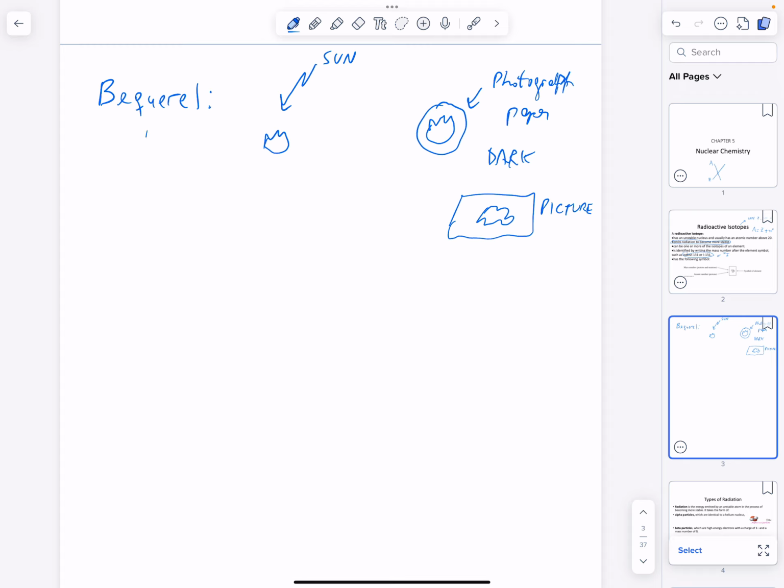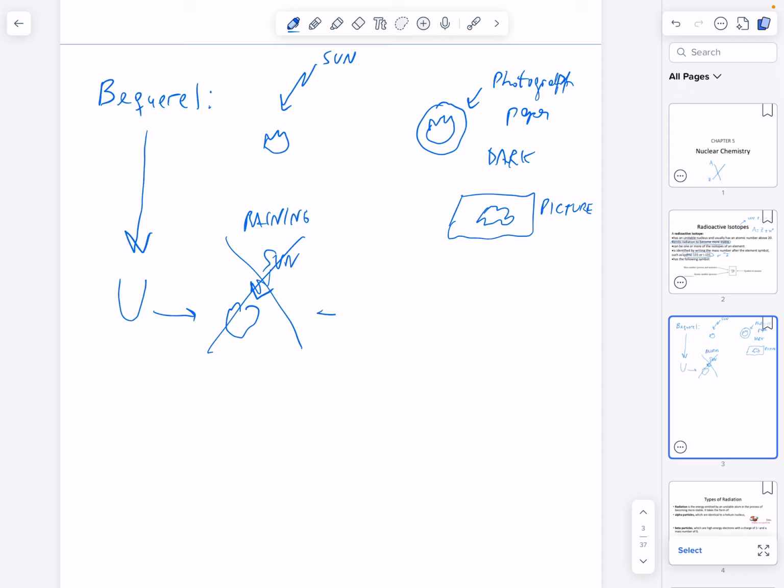One day Becquerel found a rock of uranium. He tried to put the rock of uranium under the sun, but it was raining that day, so he could not do the experiment.